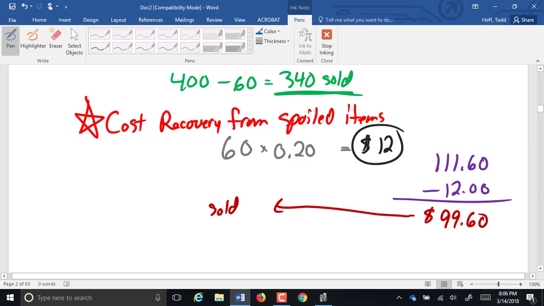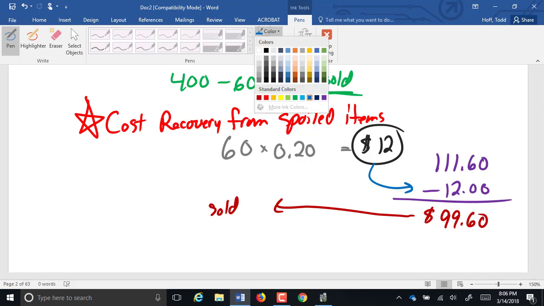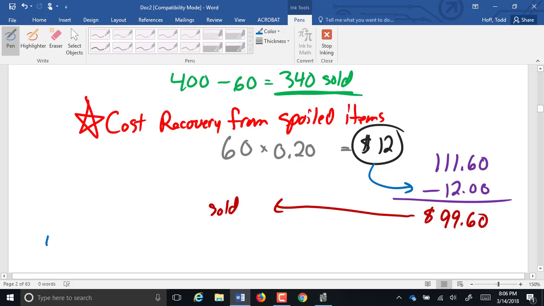What's that? The 111 was the total selling price, right? Yep, that was from the 55% markup. Now to get the amount to charge for each, step 4 is the unit selling price.